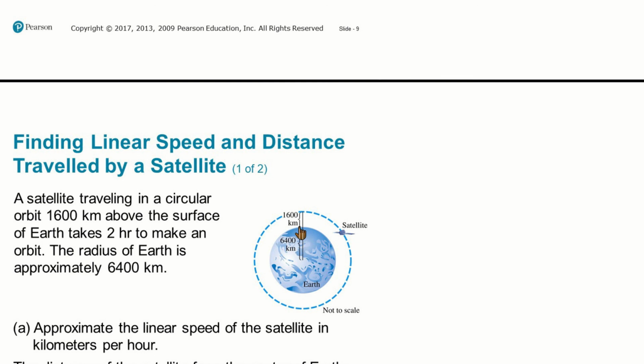And we know that it takes 2 hours to make one full revolution or one orbit. And they give you the radius of the Earth as well. So that's 6,400 kilometers. And they want you to approximate the linear speed of the satellite in kilometers per hour.